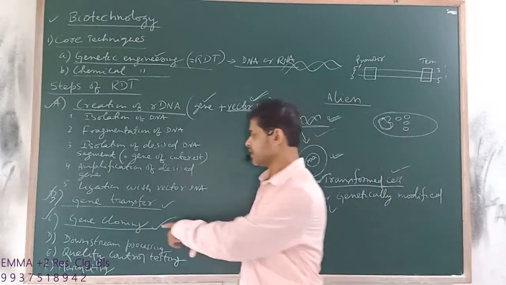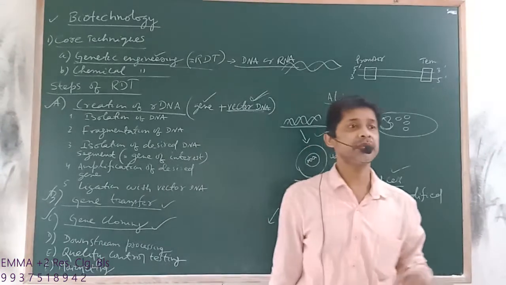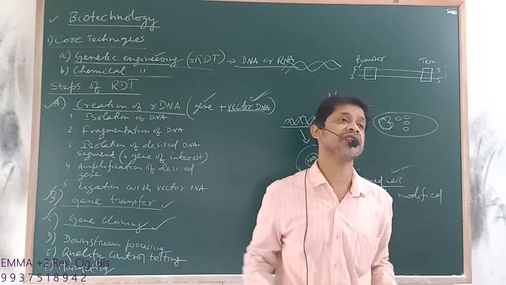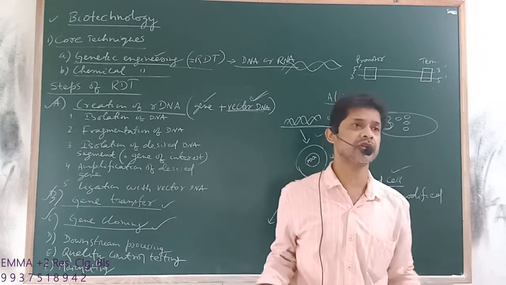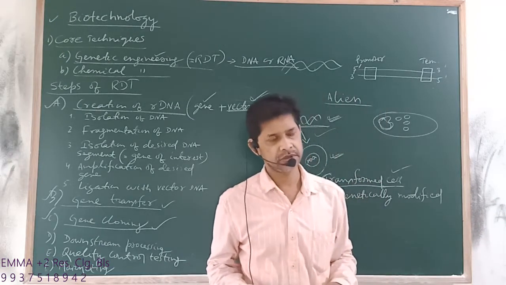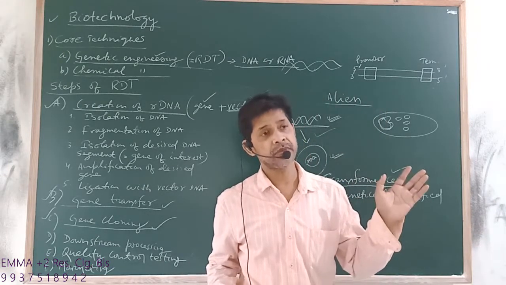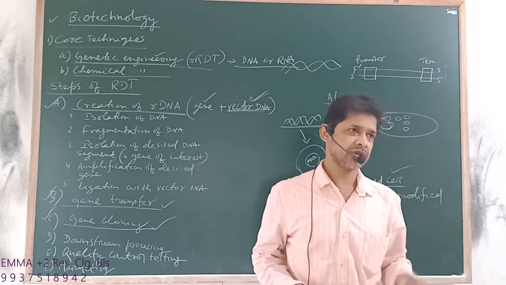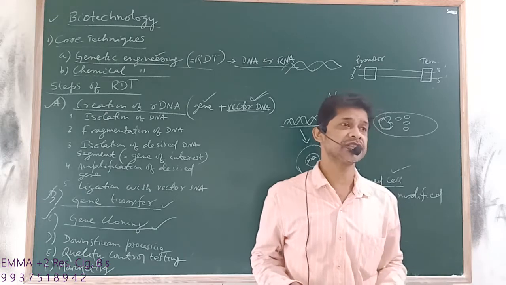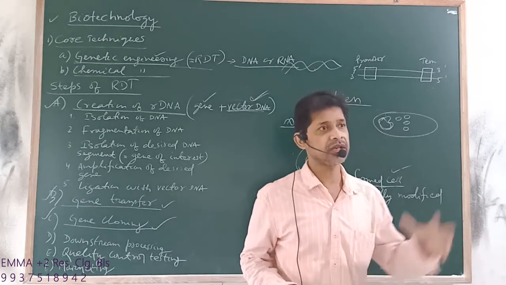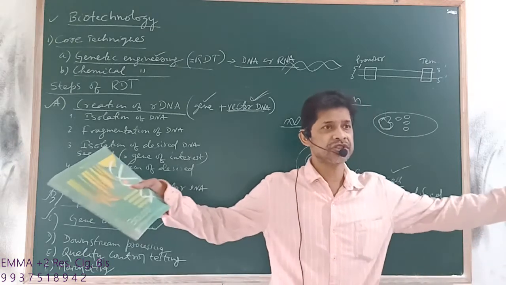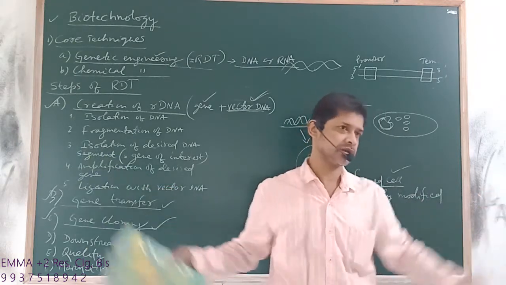So this cloning process can be done on a huge industrial scale inside a bioreactor or fermenter. You know it from microbes in human welfare, how alcoholic beverages are prepared, how dairy products are prepared. A huge stainless steel container.